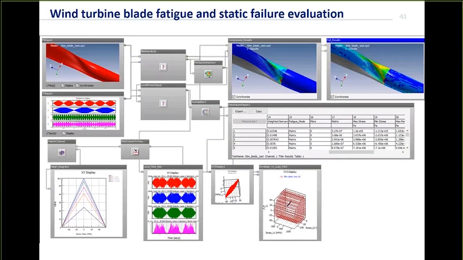So this is now an example showing this in practice. This is a static failure and fatigue evaluation on a wind turbine blade carried out in nCode DesignLife.